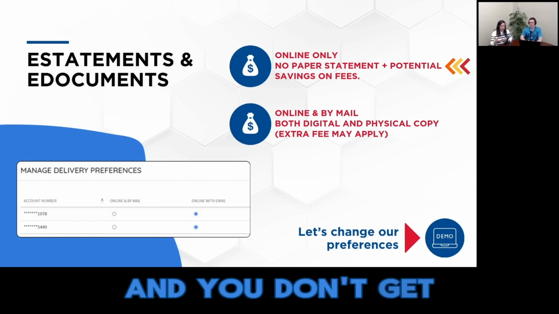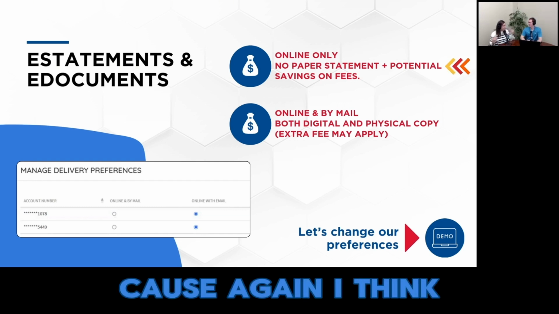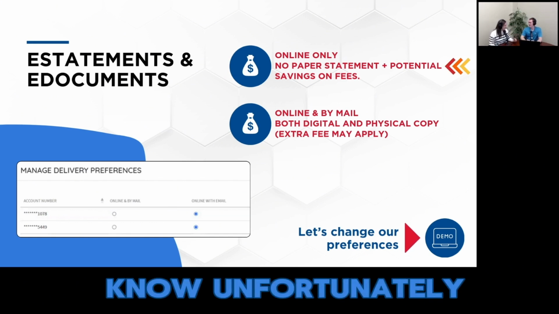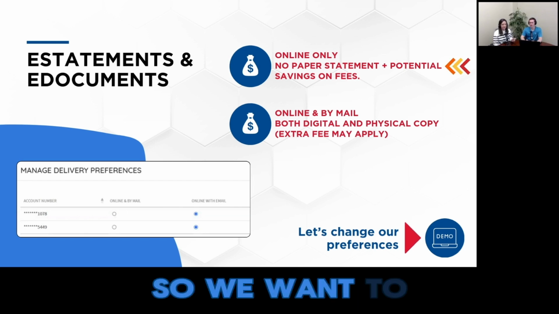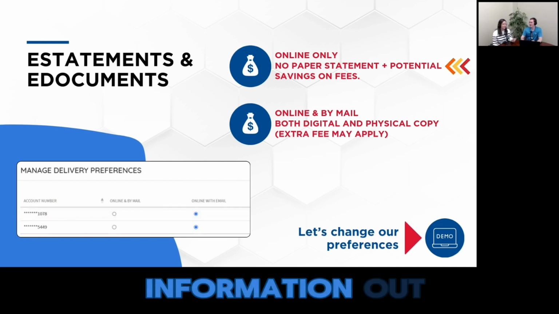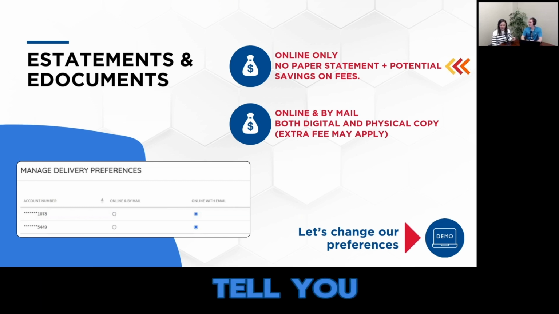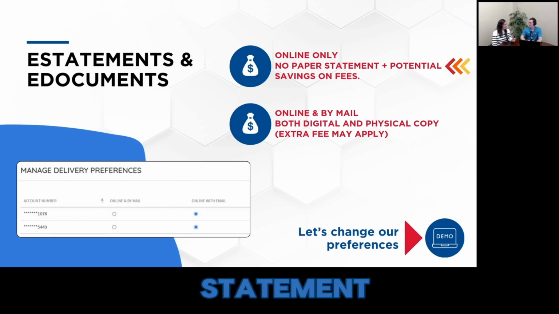And you don't get the actual statement in your email because, for security, we all know, unfortunately, emails can be compromised relatively easily. So we want to make sure we're not sending that information out, showing all of your account balances and information. So we just tell you, log in to your online banking and you can access your most recent monthly statement.